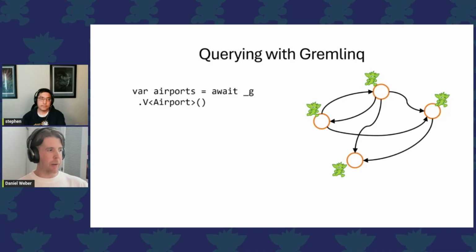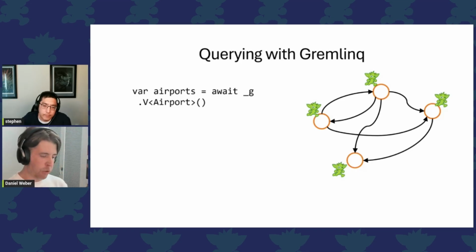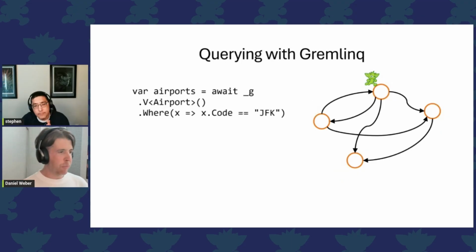Instead of going V and hasLabel, we can say V with angle brackets Airport. So we're already type safe. We're already assuming only those nodes with a label of airport. And filtering is type safe too.